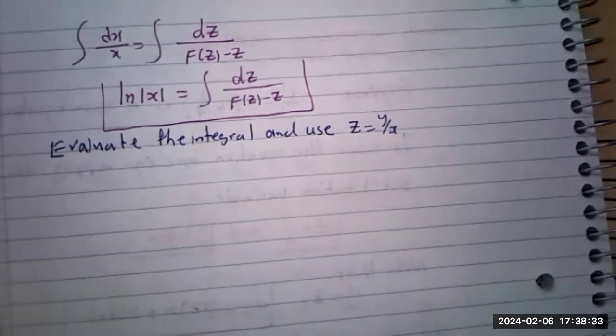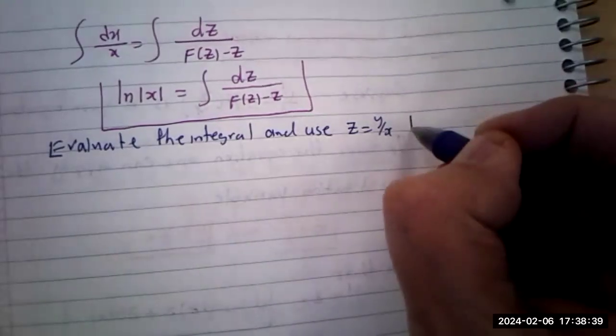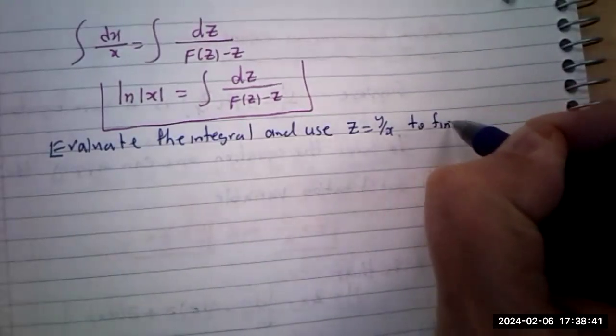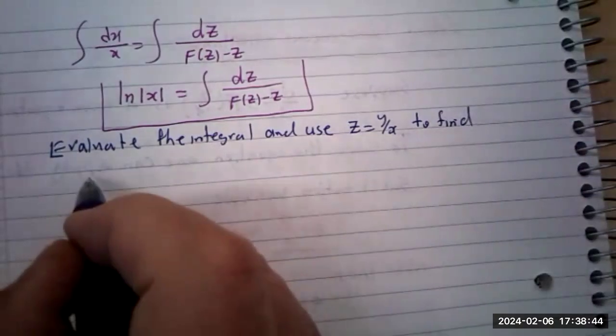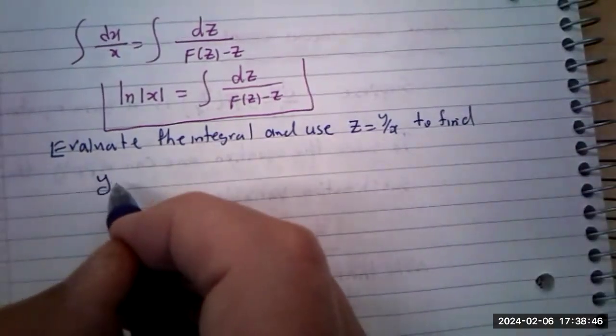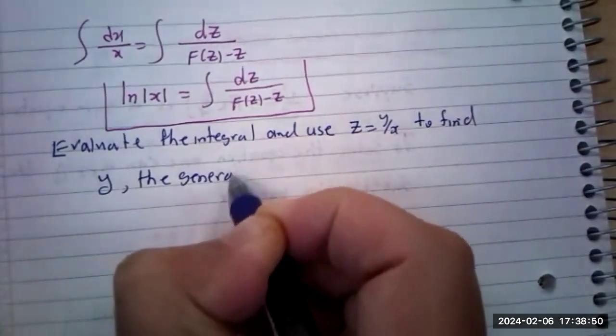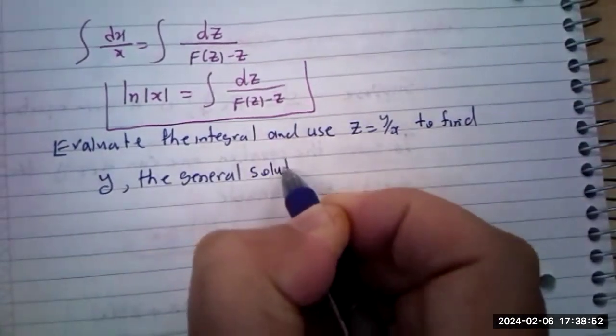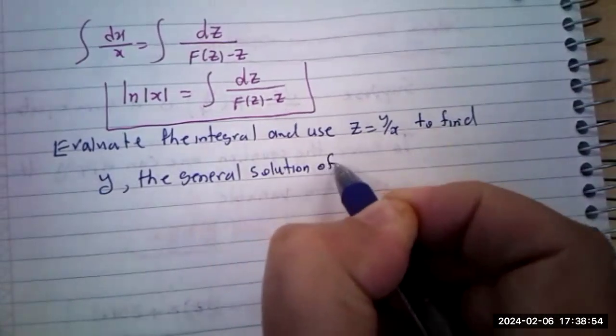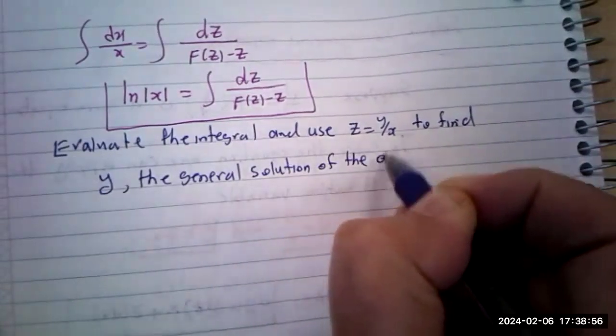When you substitute for z, y is there. So use z equal to y over x to find y, which is the general solution of the differential equation.